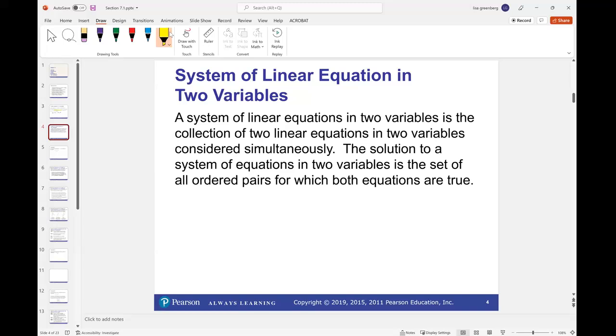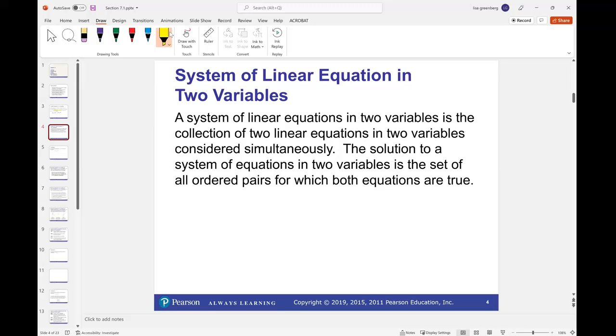So systems of linear equations in two variables. A system of linear equations in two variables is the collection of two linear equations in two variables considered simultaneously. Well, let's say what that means. Let's say we have an x and a y. Then we have two different equations. If you want to solve for x and y, you have to have at least the same number of equations as variables.